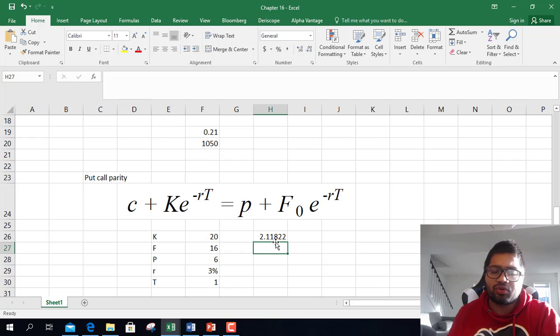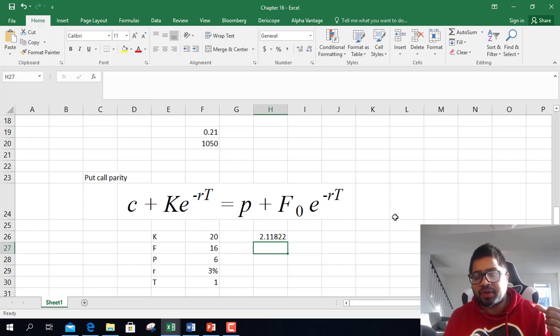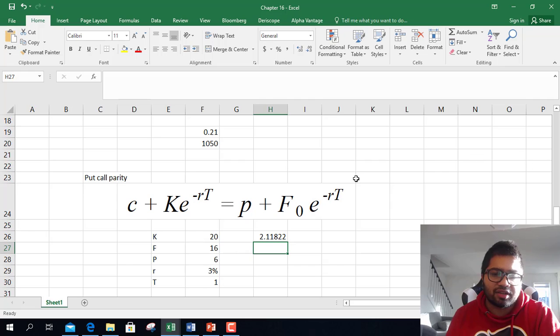So the call price will be $2. So if you are given this equation, you can find out call price, put price, future price or strike price by rearranging the terms.